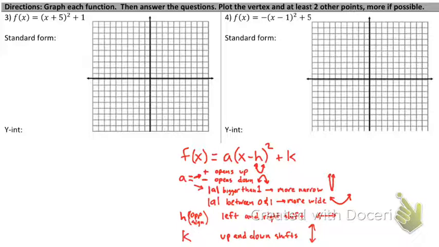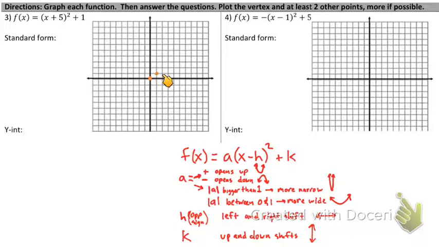Okay, so before we do standard form, I want to go ahead and graph what we call our original graph. Okay, so this is not your final graph. This is just how all graphs start when we're talking about quadratic. So we'll do it in orange. Okay, all quadratics start here, 0, 0, and then you go over 1, up 1.